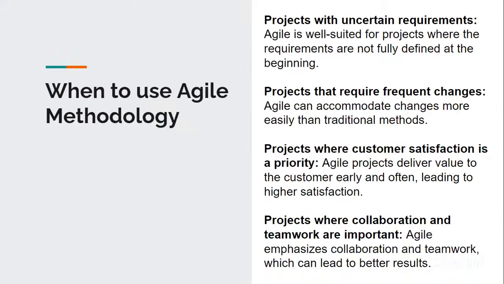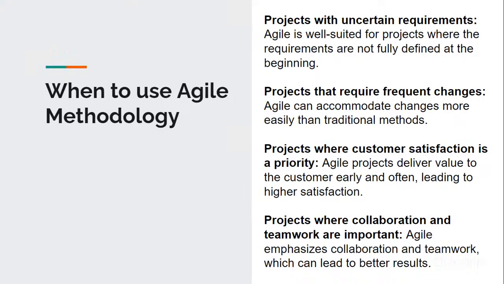Then we have when to use the Agile methodology. See, the Agile methodology can be applicable in the following: when projects have uncertain requirements, when you have certain projects for which the requirements are not well spelled out, Agile is well suited for such projects, because in such projects, a lot of things are introduced along the line.